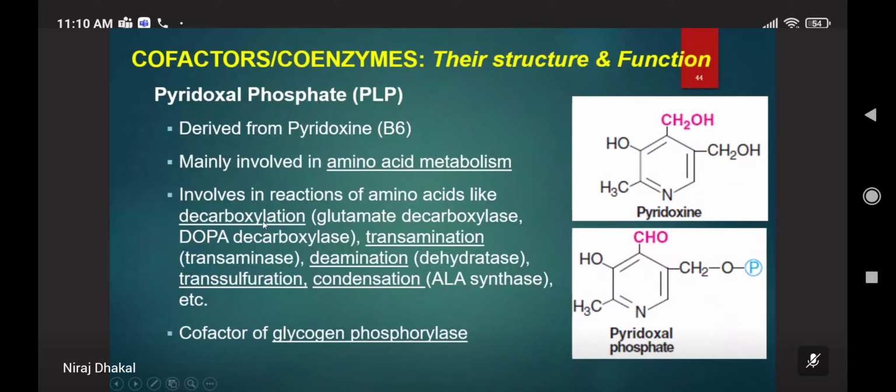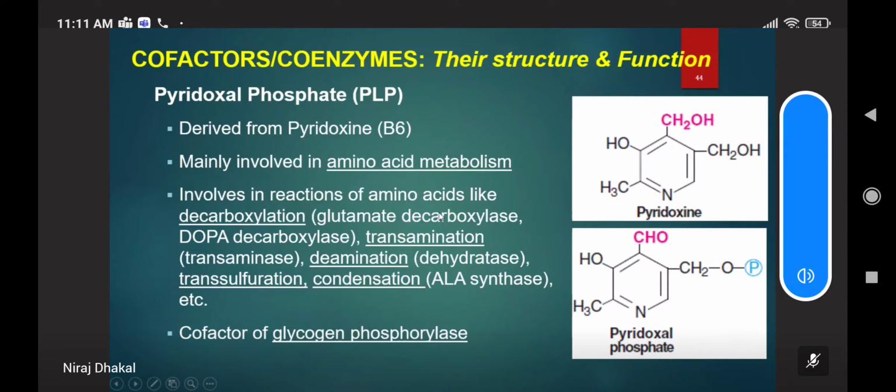And the biochemical reaction it is involved in is decarboxylation. Mainly, whenever the carboxyl group has to be removed from the substrate, then there is a need of pyridoxal phosphate. It acts as a carrier of carboxyl group. In addition to decarboxylation, these are the enzymes: glutamate decarboxylase, dopa decarboxylase.